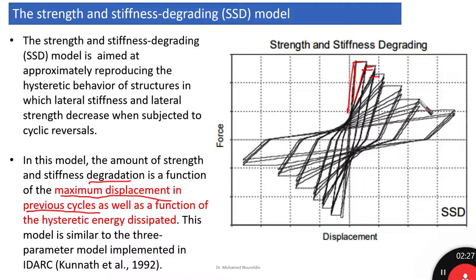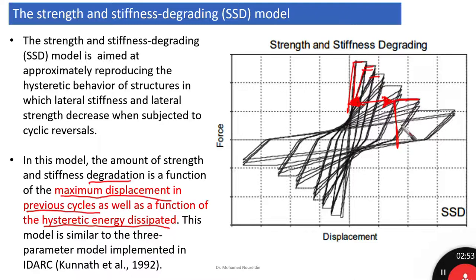So if this is the maximum displacement here, it is a function of the maximum displacement that has already been obtained in the previous cycles, as well as a function of the hysteretic energy dissipated.